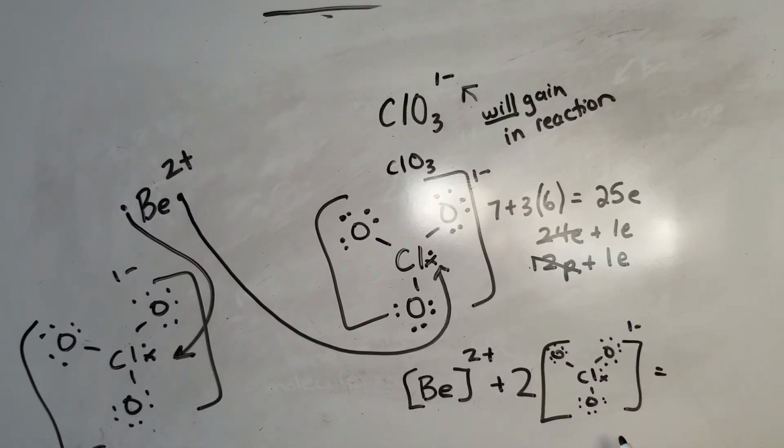And whenever you write out the complete chemical formula for that, it's going to be Be(ClO3)2, because you have 1 beryllium and 2 whole chlorates. You've got to make sure that you put the chlorate in parentheses because there's 2 whole chlorates, and if you didn't put parentheses there, it would look like ClO32, which is clearly ridiculous. So Be(ClO3)2, and this is the chemical formula.